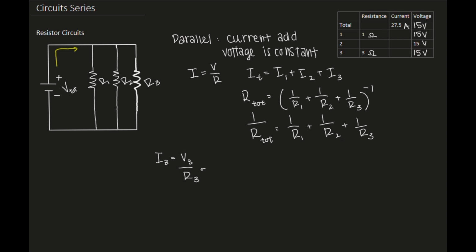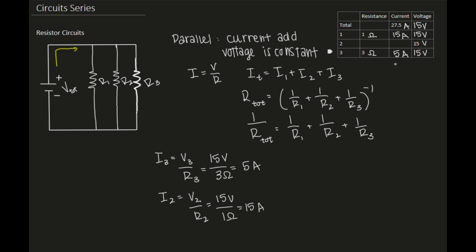In this case, it's 15 volts over 3 ohms, so I get 5 amps. I can do the same thing for current 2: I2 equals V2 over R2, which is 15 volts over 1 ohm, so I get 15 amps.